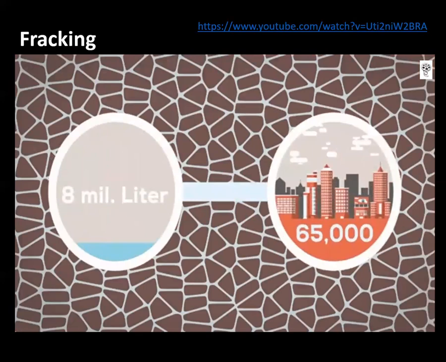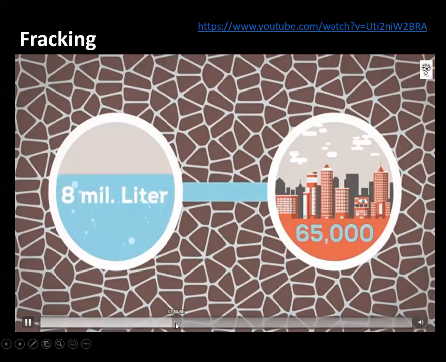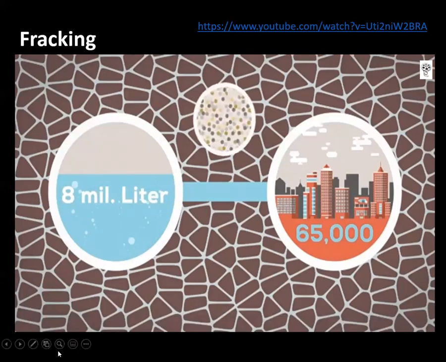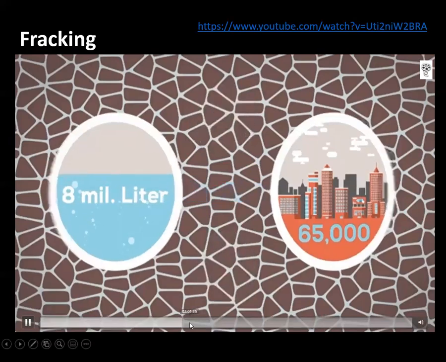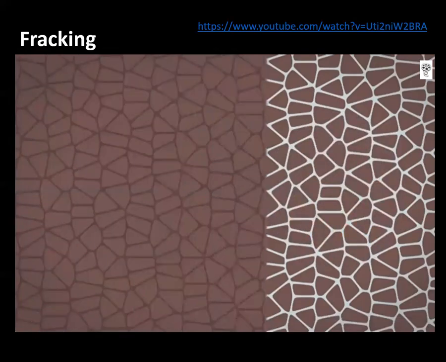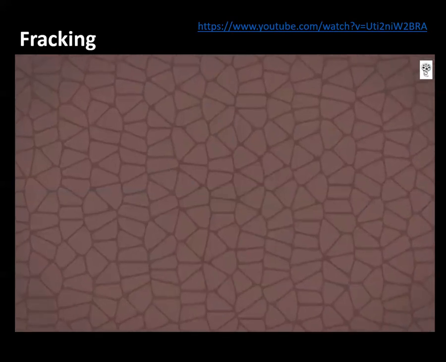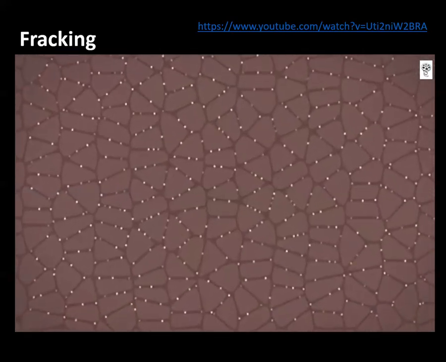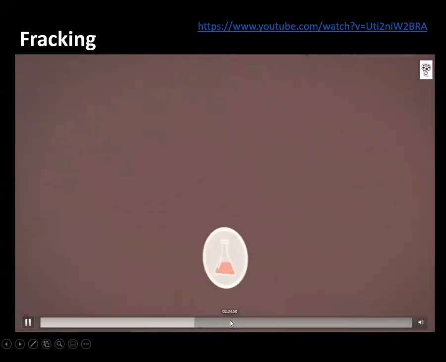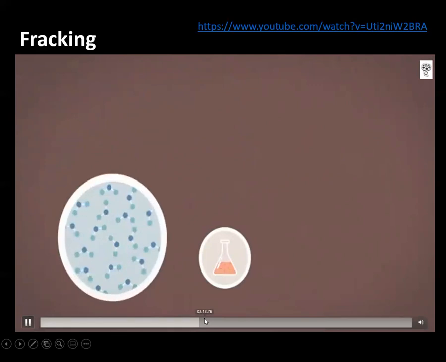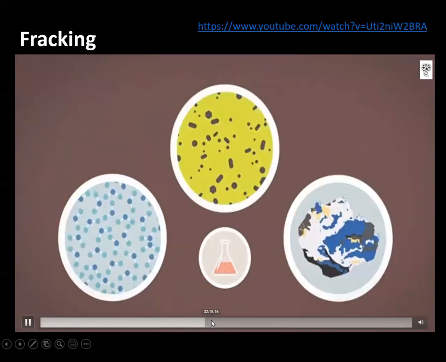On average, the fluid consists of 8 million liters of water, which amounts to about the daily consumption of 65,000 people, plus several thousand tons of sand and about 200,000 liters of chemicals. The mixture penetrates into the rock layer and produces innumerable tiny cracks. The sand prevents the cracks from closing again. The chemicals perform various tasks. Among other things, they compress the water, kill it.